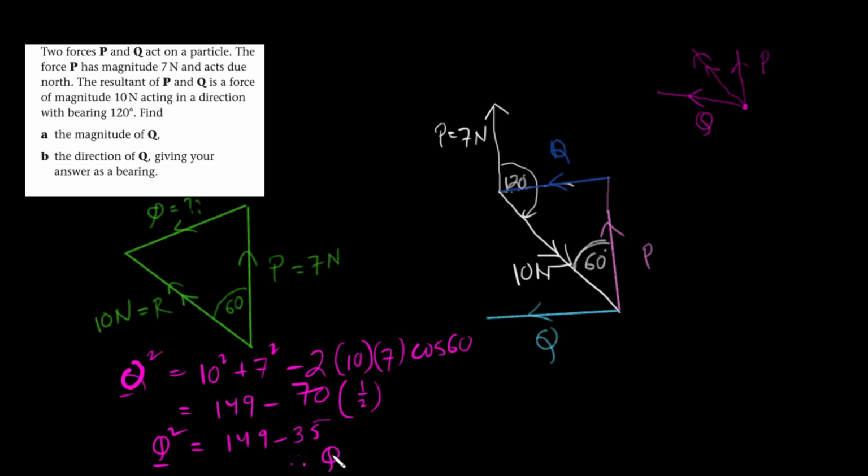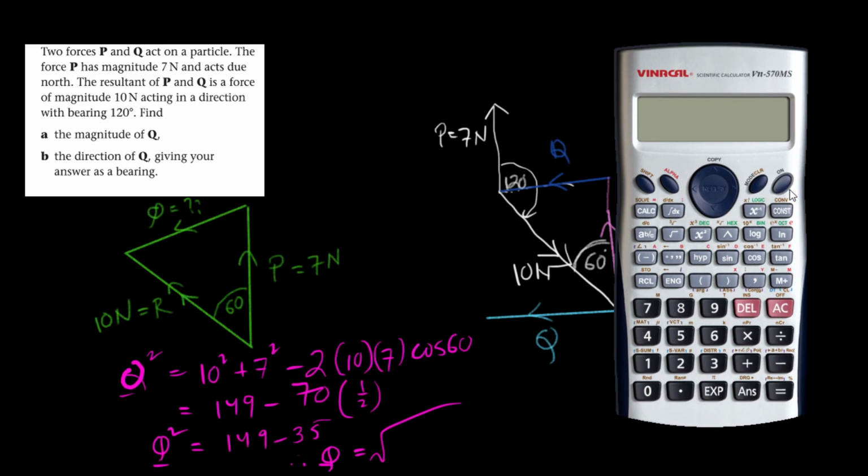Therefore Q is going to be the square root of 149 minus 35, that is 114. So the square root of 114 is 10.68.